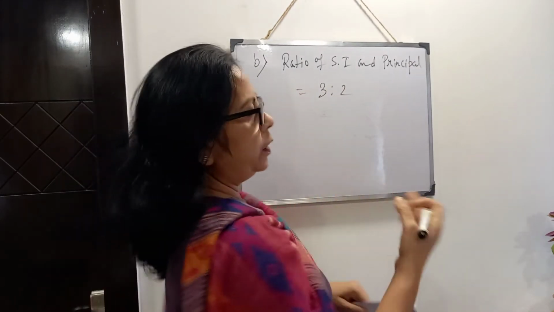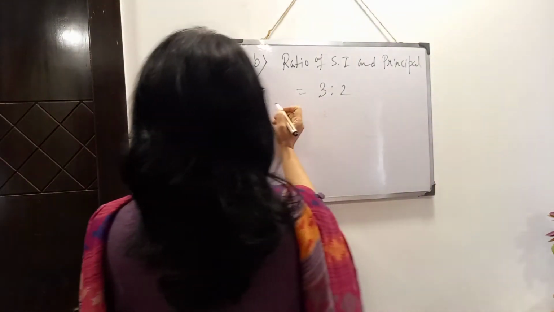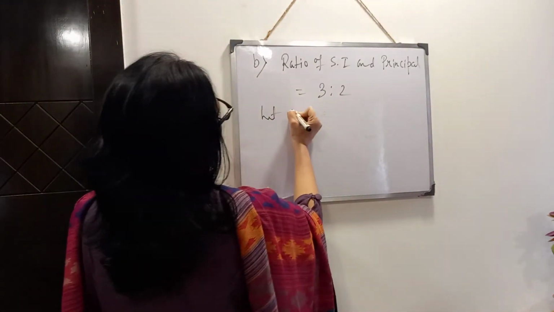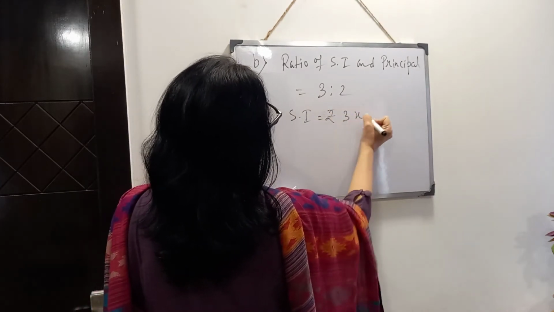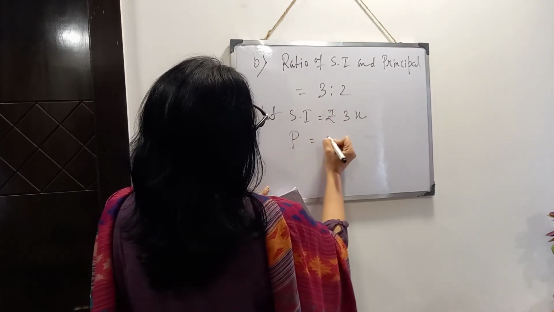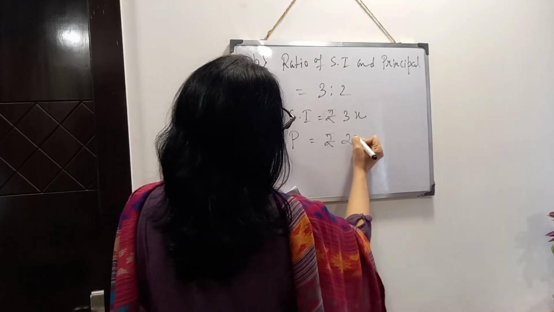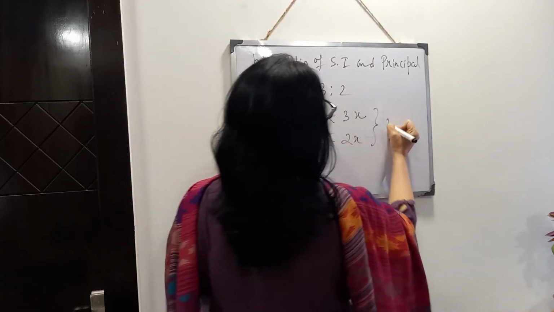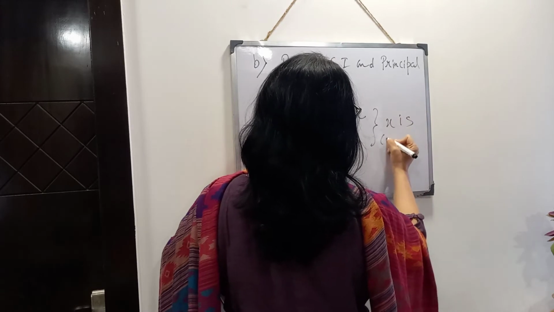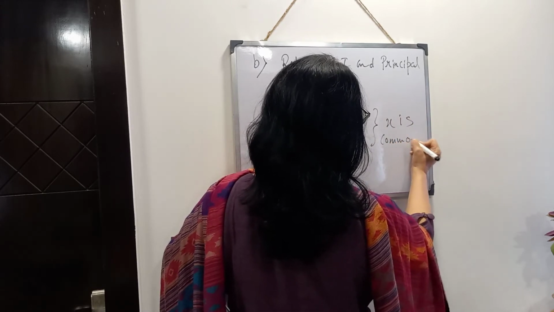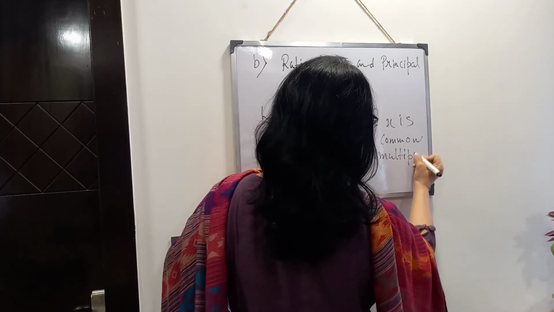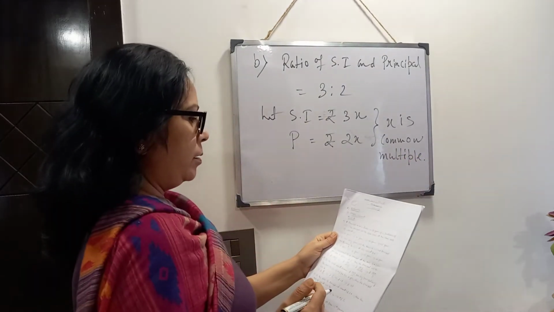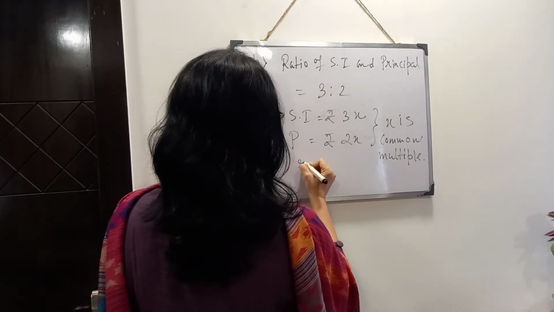So you know when ratio will be given, we will consider let simple interest be rupees 3x and principal will be rupees 2x, where x is common multiple. And rate of interest given 10%.